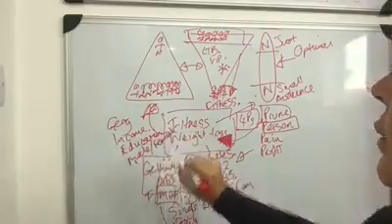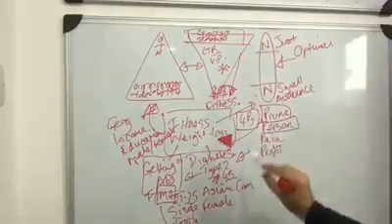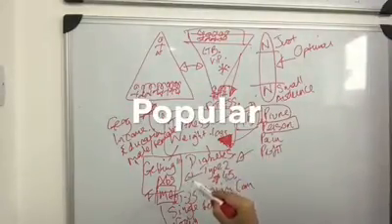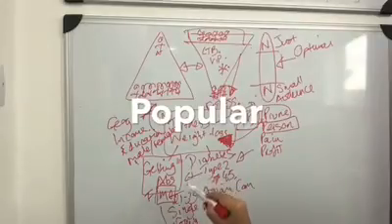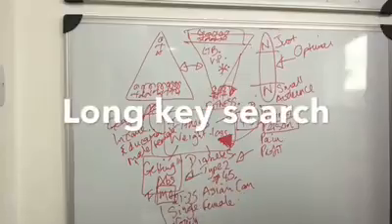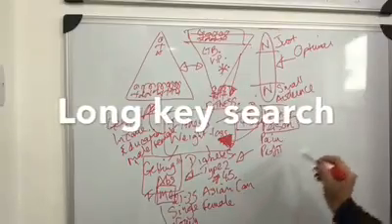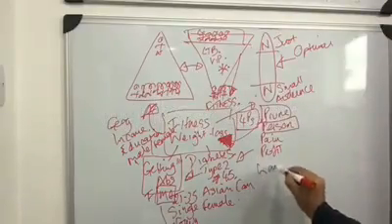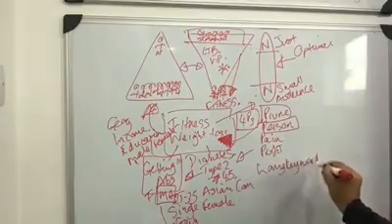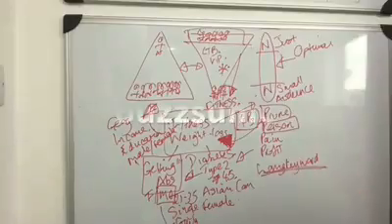But actually, we're now pruning according to what's popular and trending and therefore likely to get traffic, particularly if we do some blogs and videos and stuff like that. And we can actually do sort of a long key word search on this to find out what's popular in these niches and what's trending.